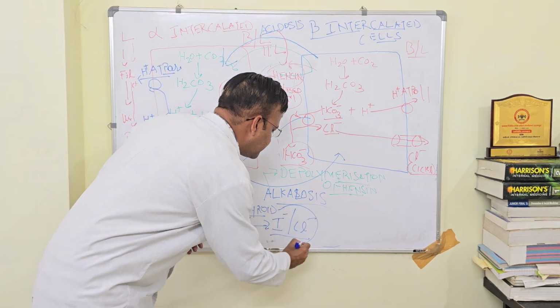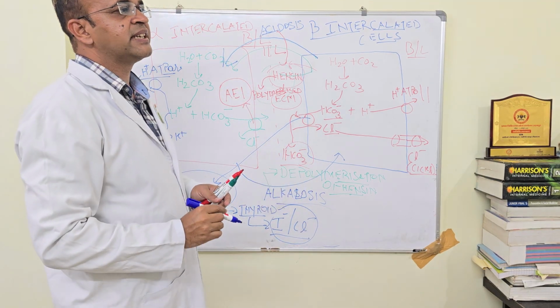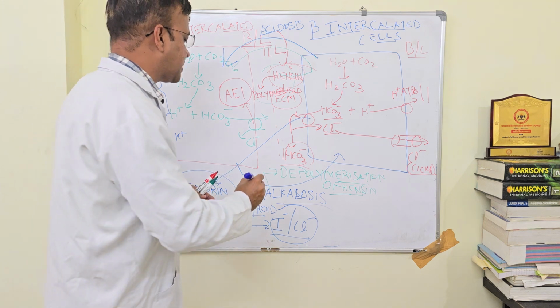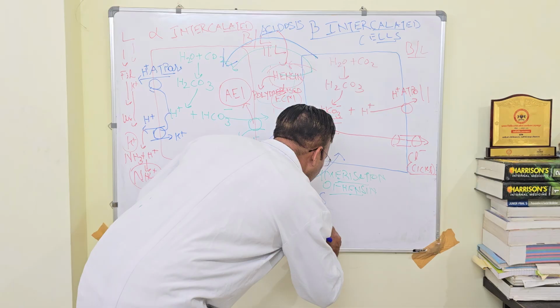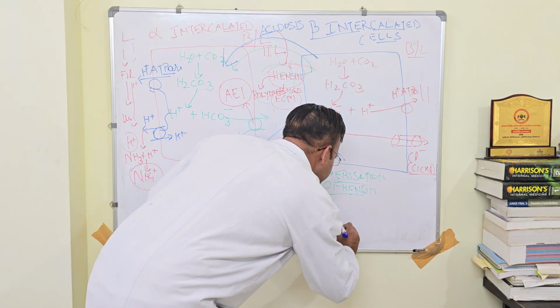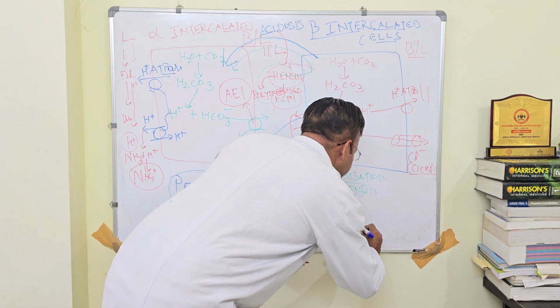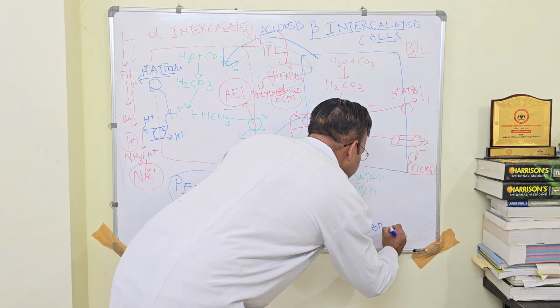So if this becomes defective, the iodine won't get transported inside the thyroid gland. So what you will get? You will get hypothyroidism. Normally it is a mild variety, so we can write mild hypothyroidism.